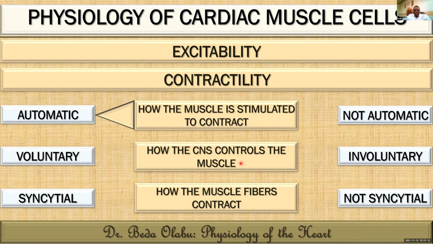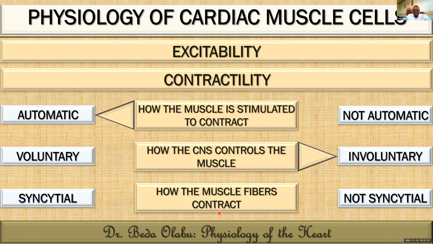On second category, cardiac muscle is involuntary. And this is to mean that you don't have conscious control over cardiac muscle. Now, because you don't have conscious control over cardiac muscle, therefore cardiac muscle is controlled by the autonomic division of the nervous system.